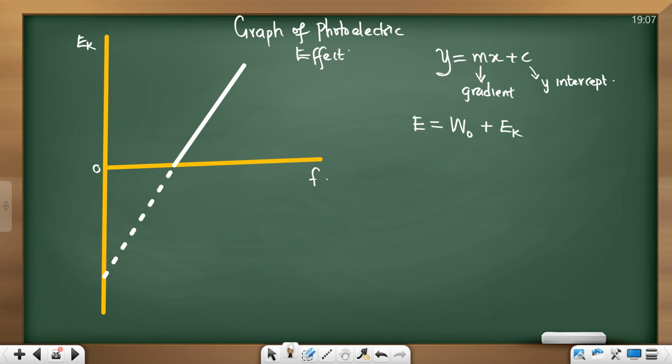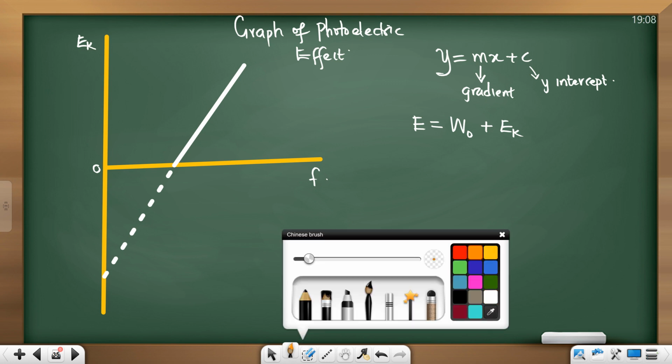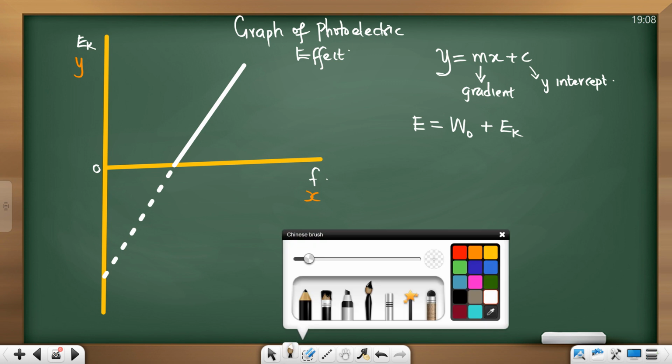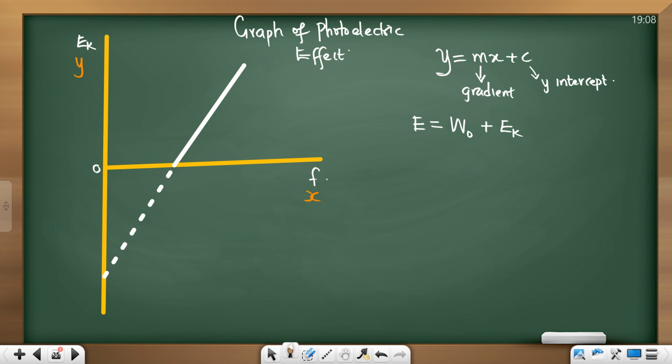All right. What is on my y-axis, guys? Kinetic energy. What's on the x? Frequency. You've got to arrange this formula to suit y equals mx plus c. You see where the y is? Put EK there. You see where x is? Put frequency there. We're going to play around with it. So that's x and that's y.